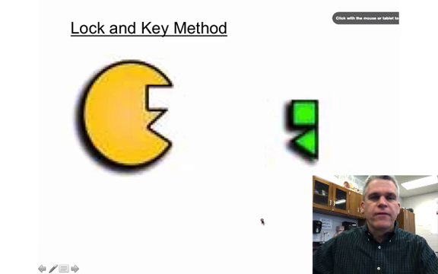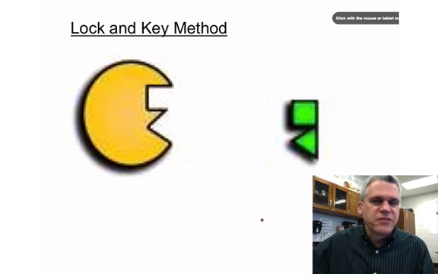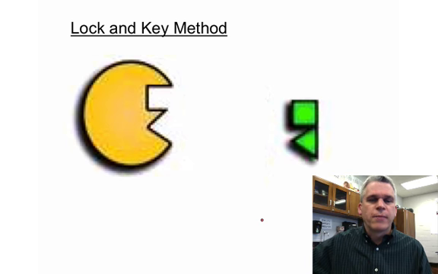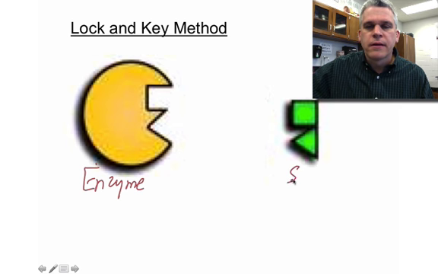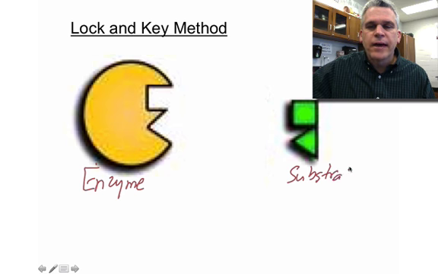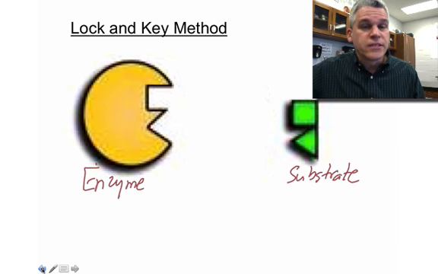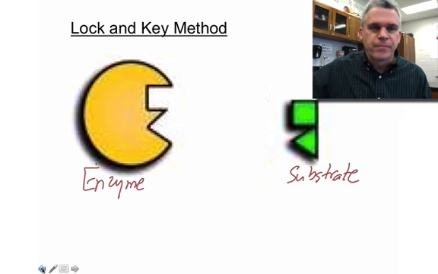Here I have just a simple geometric representation of an enzyme, and any substance that an enzyme acts on is known as a substrate. So that's just a generic term.